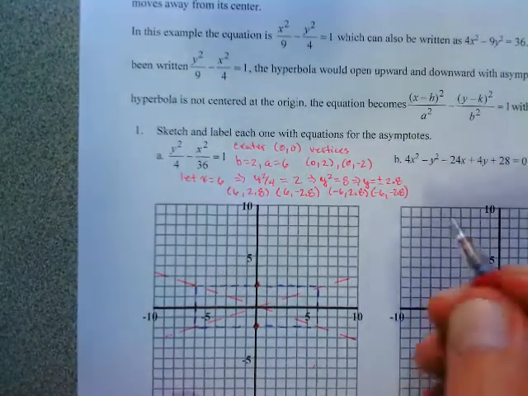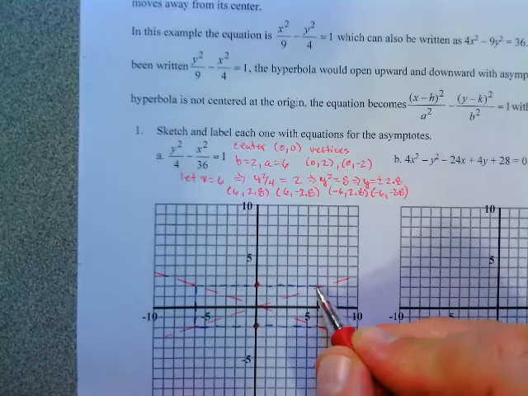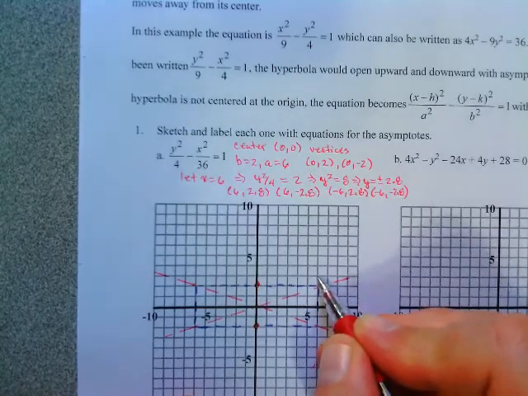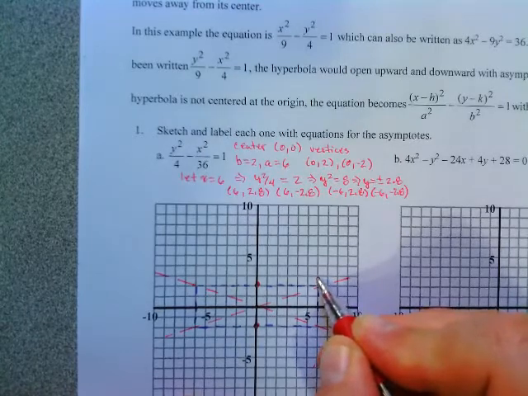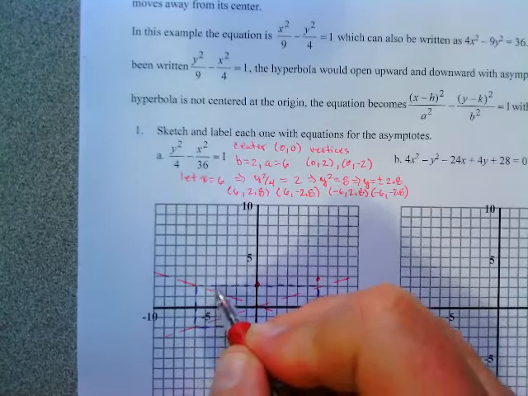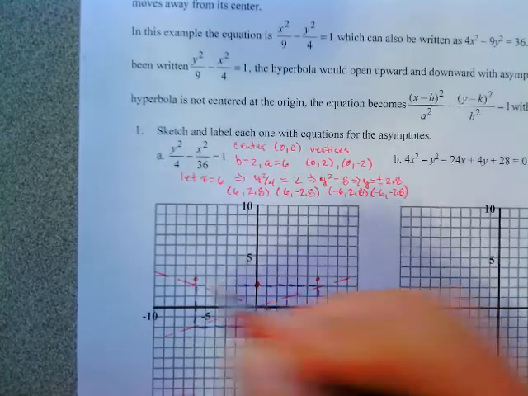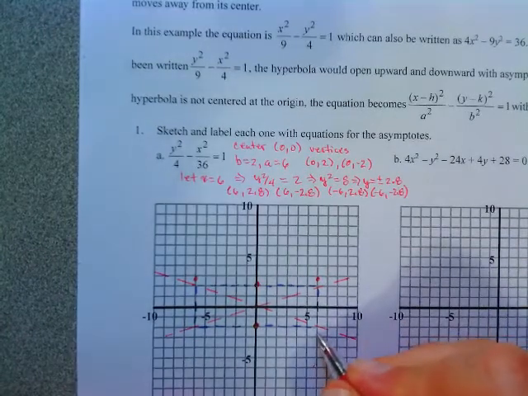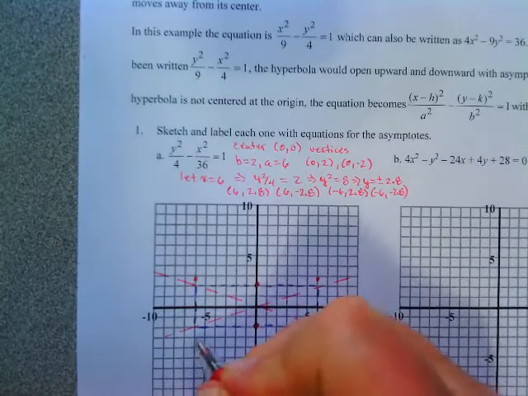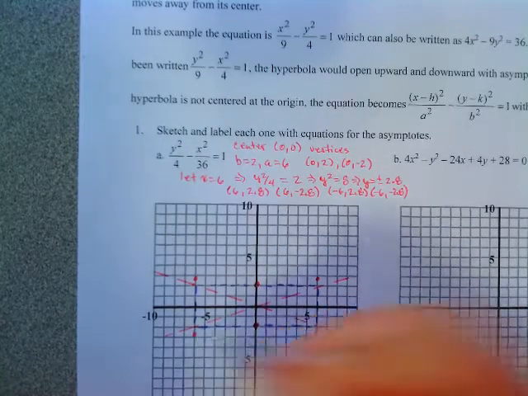So where would those points be? This is 5, this is 6, and I want 2.8, so roughly right there. Then -6 at 2.8, about right there. And then we go down, so here and then here, 2.8, like that.